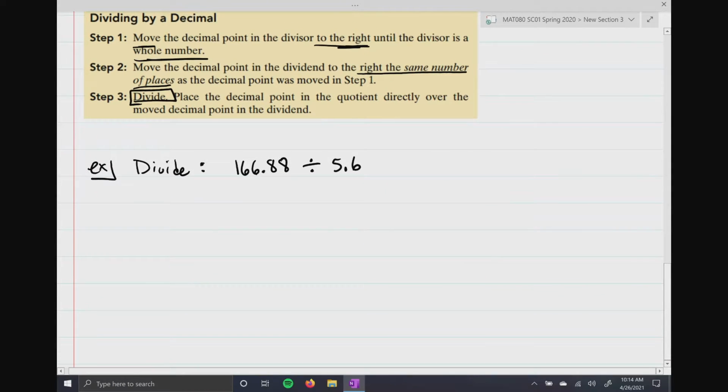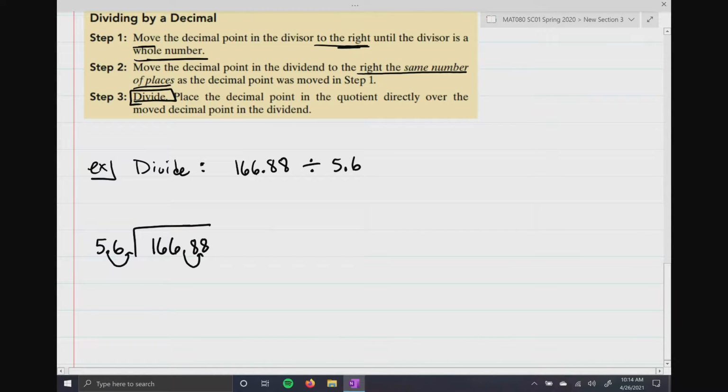So, like I said, I'm going to set this up. All right, now, my divisor is not a whole number. So step 1, I'm going to move my decimal place to the right until it is a whole number. So I move it one spot. Step 2, I move the decimal in the dividend the same number of times to the right.